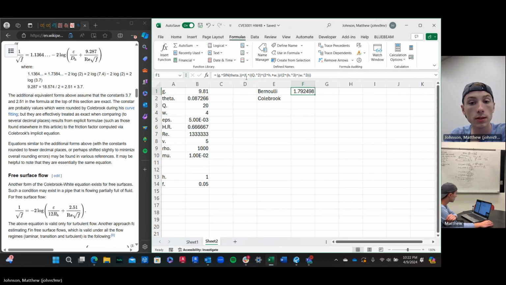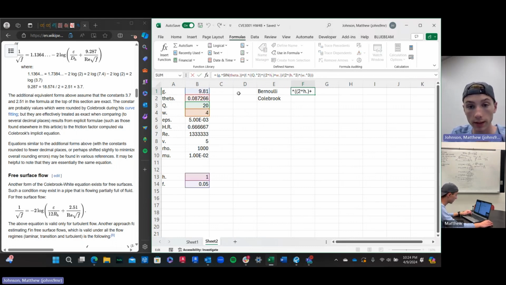Ah, okay, I just found a mistake that we made. If you look at the board, you'll remember that we took g delta z as g L sine theta.